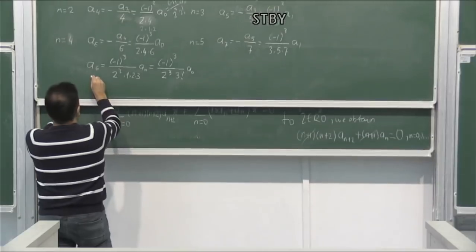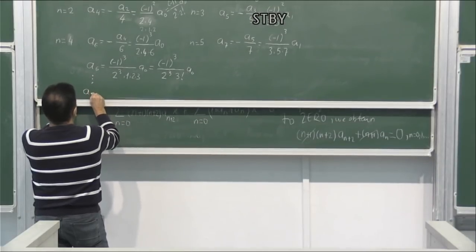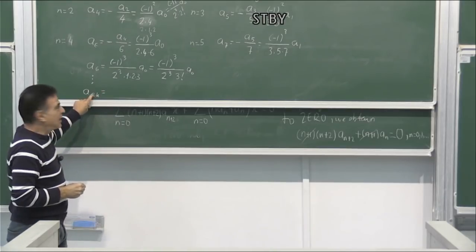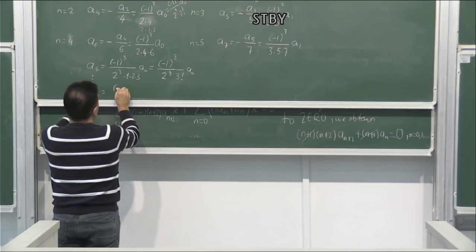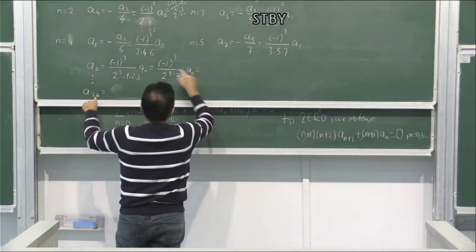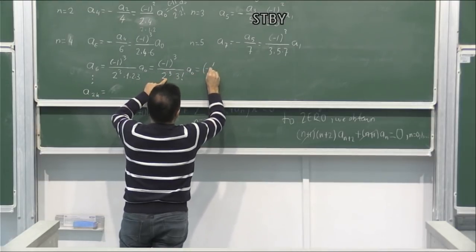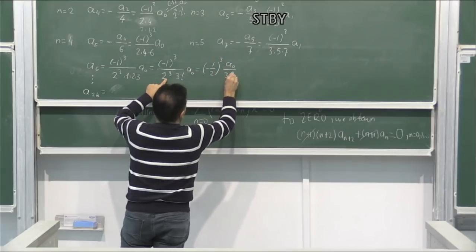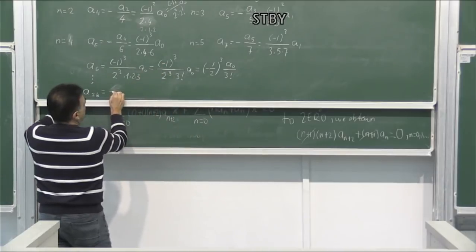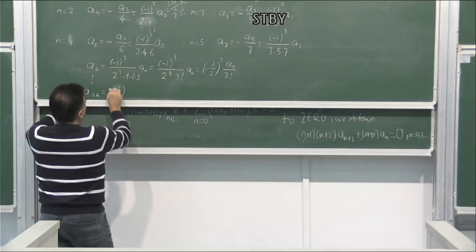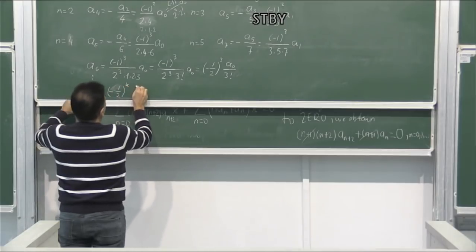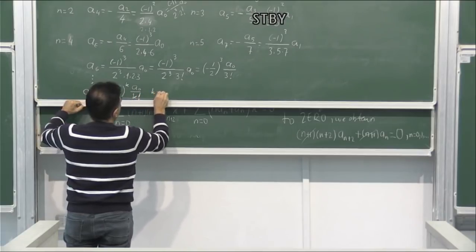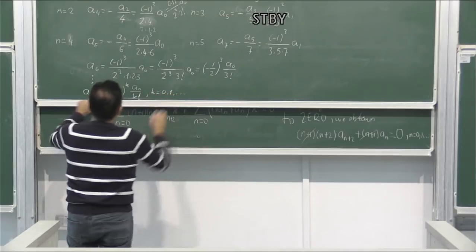Therefore, continuing in this way, we see that the coefficients with an even index, say 2k, have this structure: minus 1 over 2 to power k, a0 over k factorial, for k equal to 0, 1, and so on.